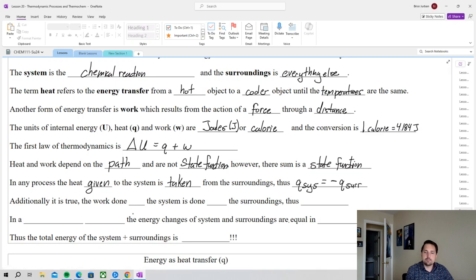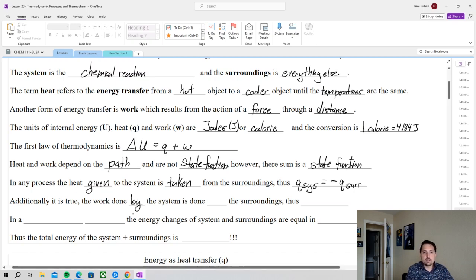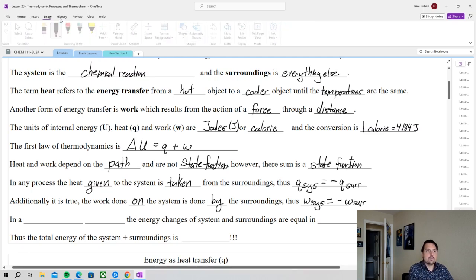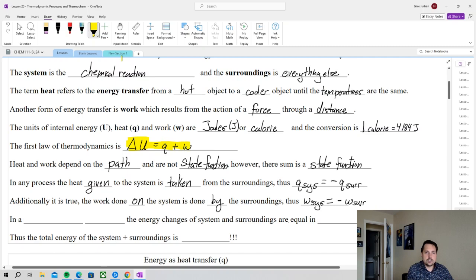It's this equal but opposite identity. And this is true again for work. So any work that's done by the system is done on the surroundings, and any work done on the system is done by the surroundings. Thus, the work of the system is equal and opposite to the work of the surroundings. Let me make that a little more clear: the work of the system is the negative work of the surroundings. So with these three equations here, we're going to be able to do quite a bit.